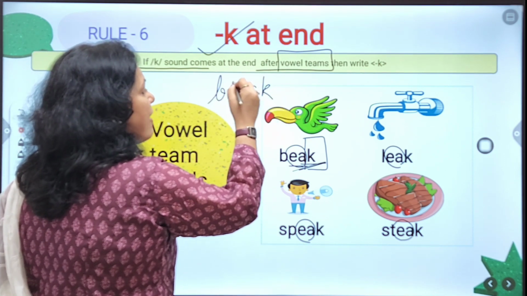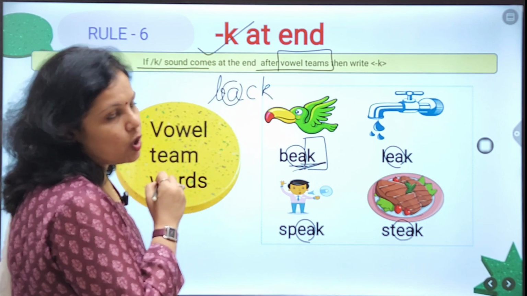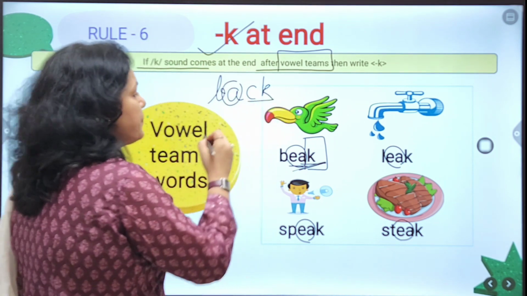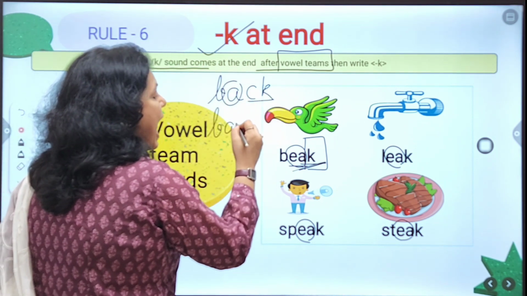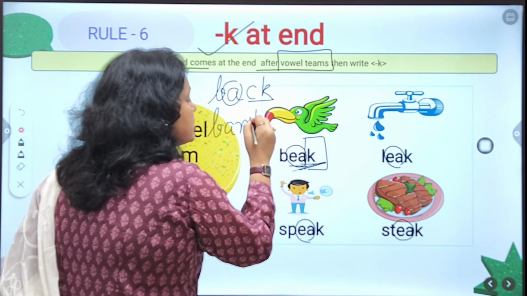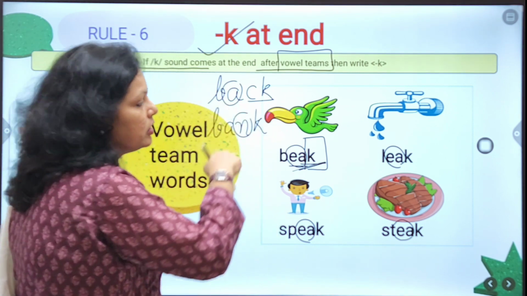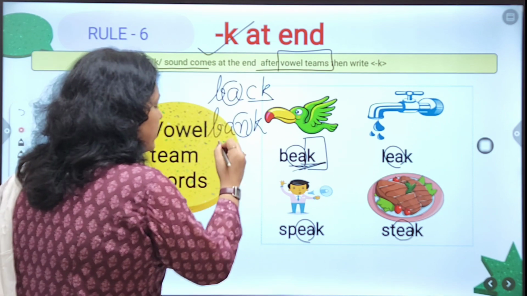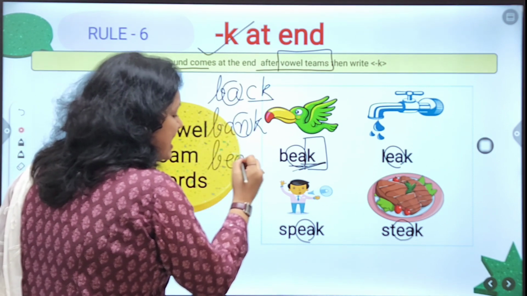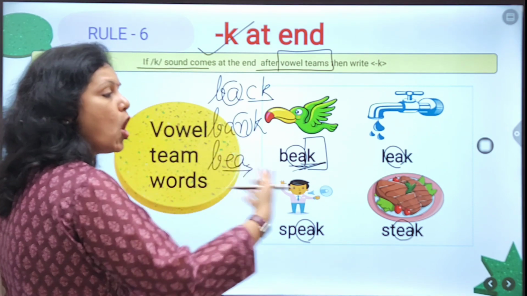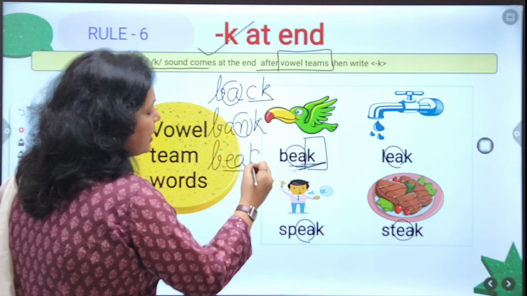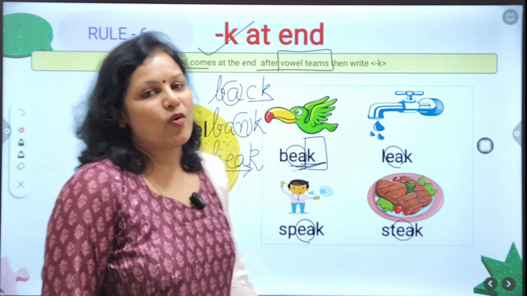B-A-K. Since you have A over here, which is a short vowel sound, you will write CK. Similarly, B-A-N-K. Since you have N over here, you will write K. Similarly, B-E. Now, what is this E? It is a long sound. That is why, again, you will write K over here.